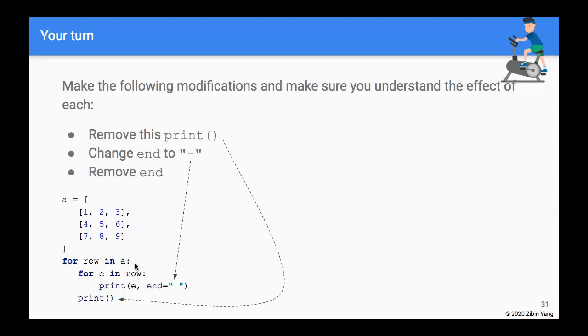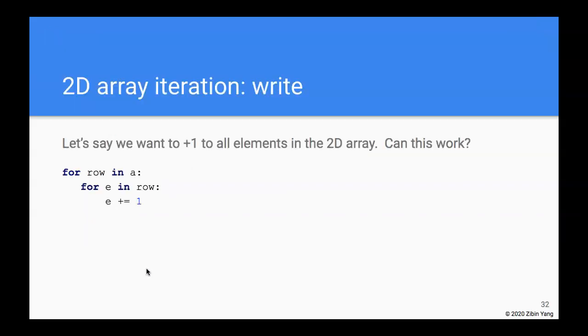Now, so far we talked about how to read a row or read an element or multiple elements in a 2D array. Oftentimes we don't just want to read, we also want to write to it. So how can we change an element in the 2D array?